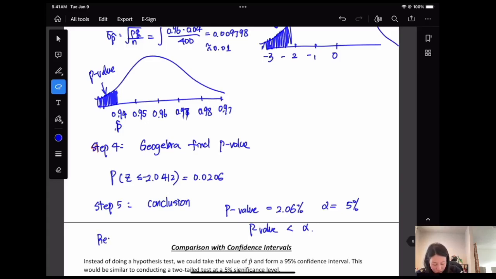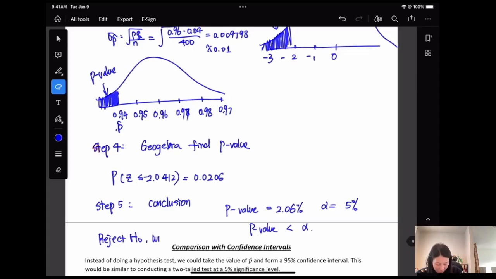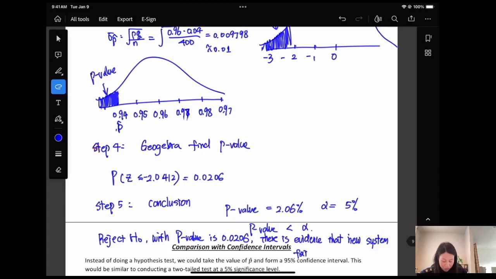So we reject the null hypothesis, with a p-value of 0.0206, and there is evidence for the alternative, what we're trying to prove, that the new system failed to meet the company's goal.